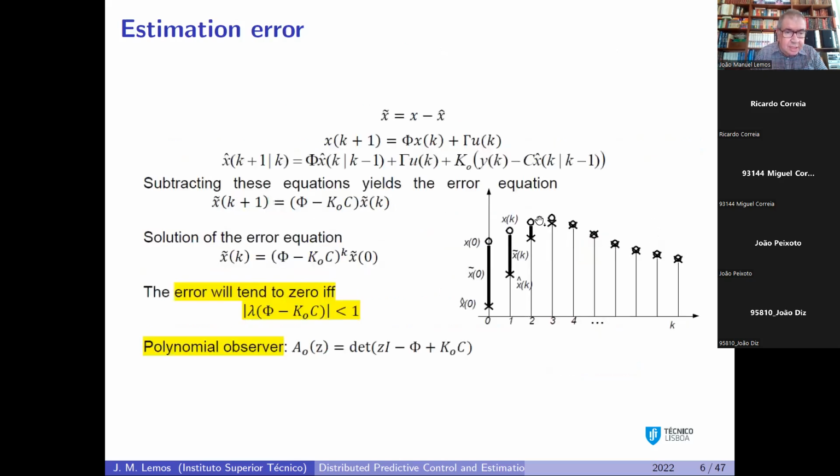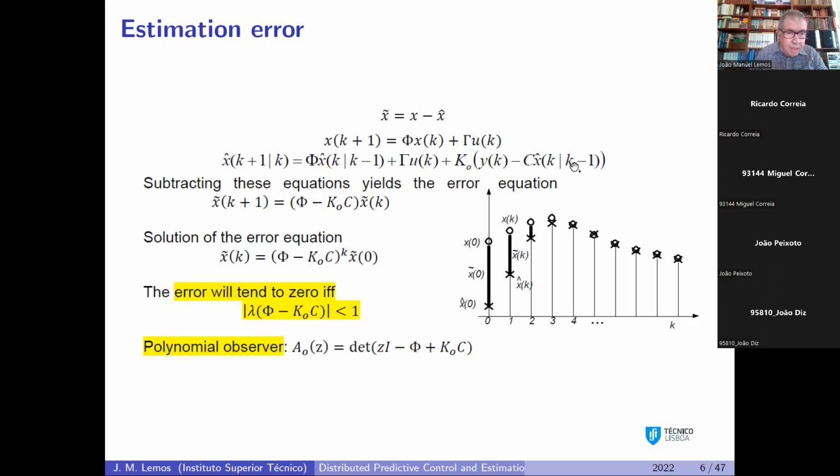Let's do some analysis of this estimator. I define x tilde to be the difference between the true state and the estimate of the state. This happens at any time, and the time is the same for all these variables, so I've omitted it. Now, I have my model, x of k plus 1 equals phi x of k plus gamma uk. This is how I'm assuming that the state evolves. And now I have the equation of the observer.